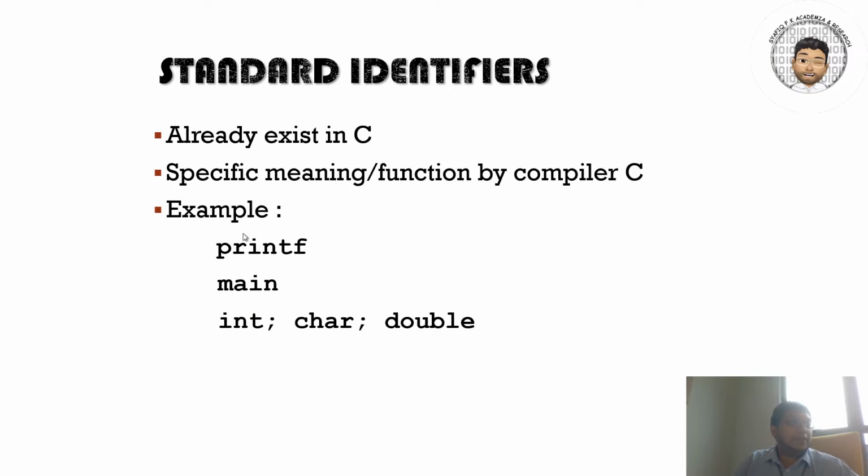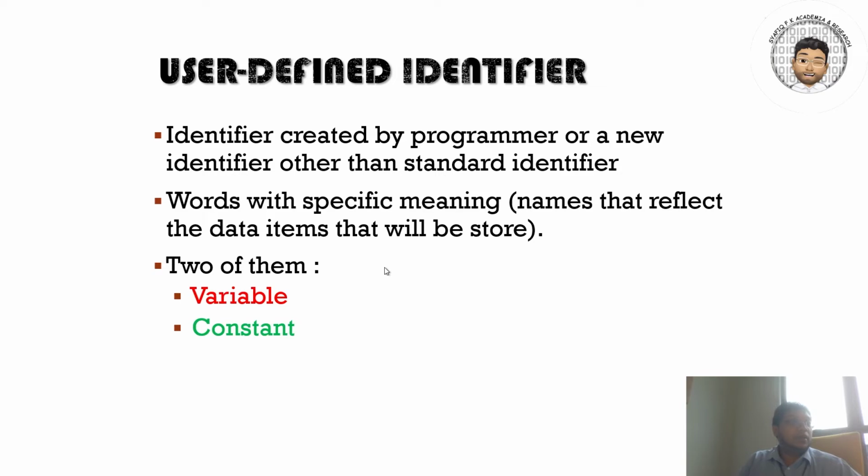For example, standard identifiers are printf, like I mentioned before, main, int, char, double. This kind of identifier is also used. Why we use this one, I'll mention later. These standard identifiers have their function predefined within the code, so you cannot use them for other things. And then you have user-defined identifier.